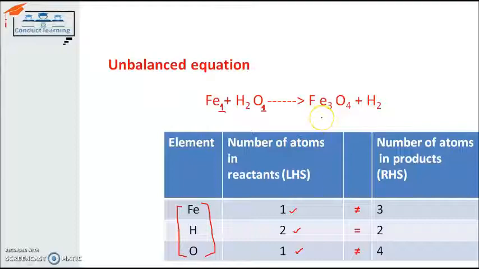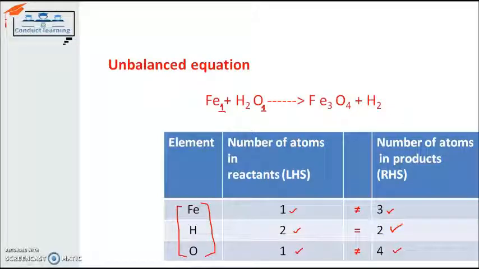Here the number of atoms for iron is 3, which is mentioned there. The number of atoms for oxygen is 4, which is mentioned here. And the number of atoms for hydrogen is 2, which is mentioned there.